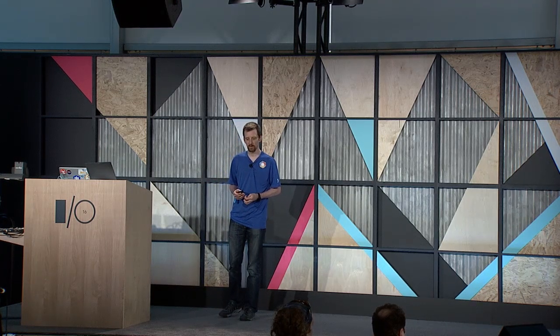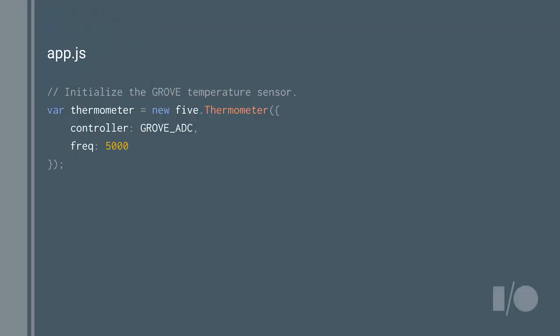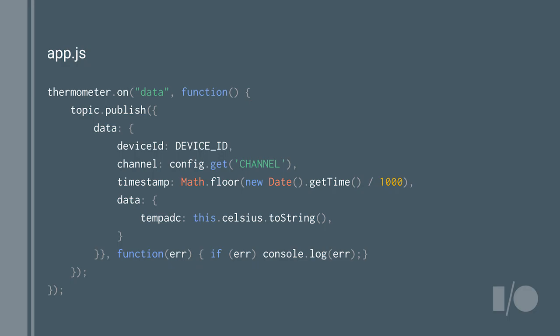So on the application side, in order to send to PubSub, we're going to create our thermometer object. This is a Johnny-Five object, which will read data from the Grove sensor every 5 seconds. And then we'll set a callback on this thermometer.